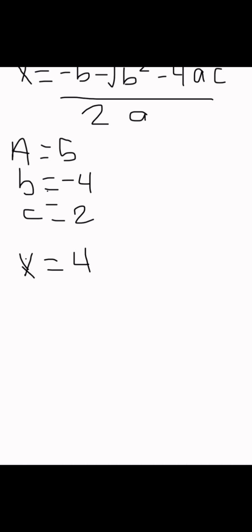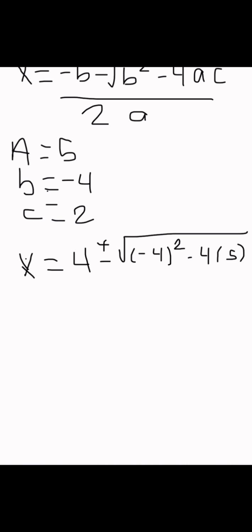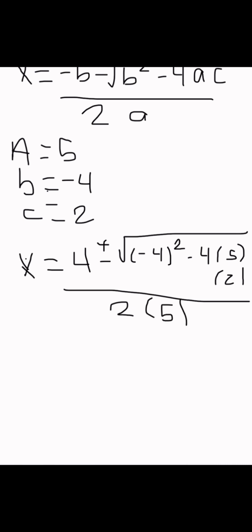Okay, plus or minus radical, then you put parentheses, negative 4 squared minus 4 and then our c will be 2 over 2, and that will be 5.